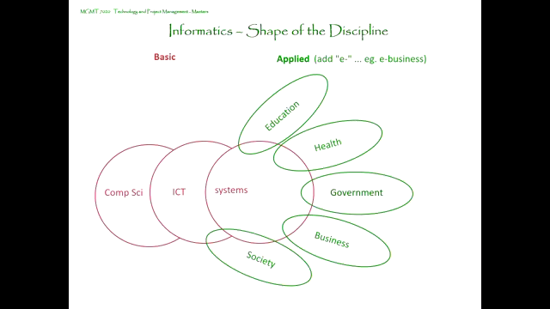So what we've got on the right is applied sciences, which takes a great deal of understanding of each of those bubbles and the way ICT and systems will actually interact with that industry. So e-government, for example, is very topical here in Canberra, needless to say, the home of government in Australia. And there are huge areas that sit at the intersection of government and systems.